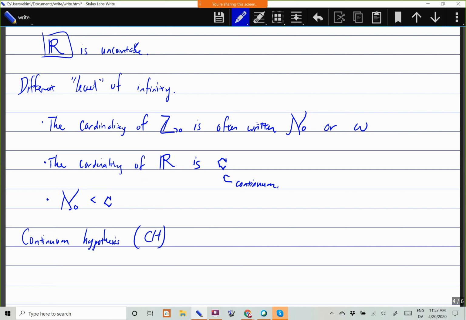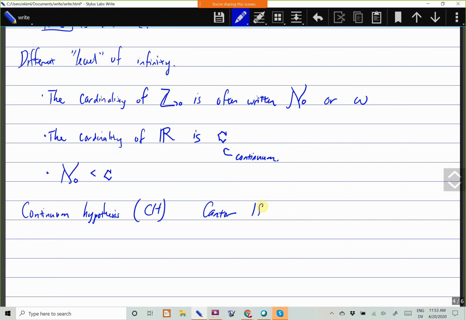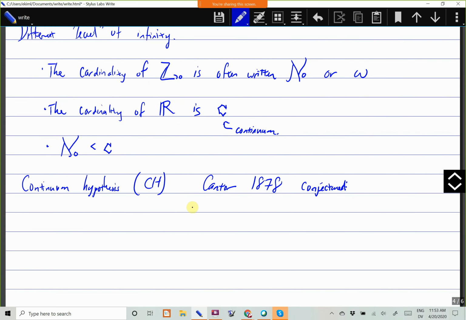Cantor, who is the one we claim is responsible for that diagonal argument you saw about creating a new real number out of a fixed list of real numbers, conjectured in 1878, informally, that there does not exist a set S such that the cardinality of S is strictly between the cardinality of the integers and the cardinality of the reals. There could be no set in between.